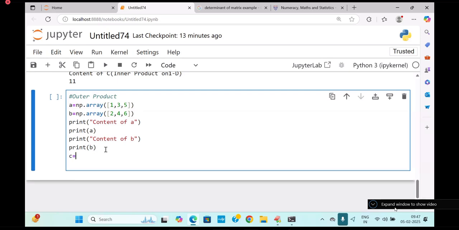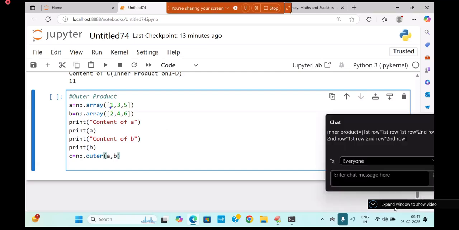C is equal to np dot outer of A comma B. What is this outer going to be? Very, very simple. 1 is multiplied with 2, 1 is multiplied with 4, 1 is multiplied with 6. Nothing but a big matrix. Outer elements will be multiplied.